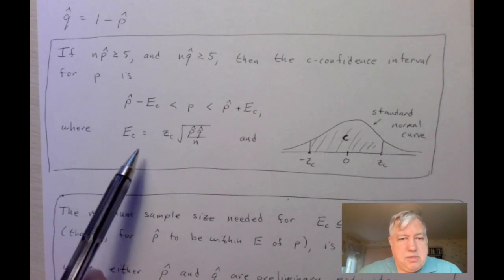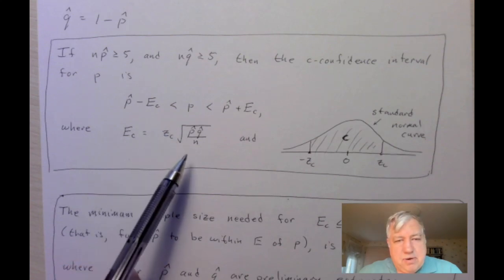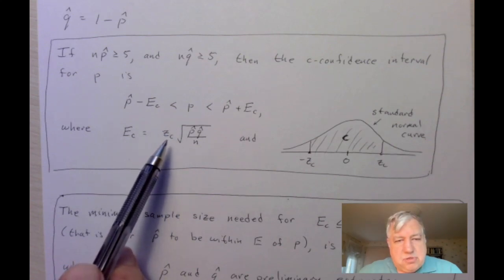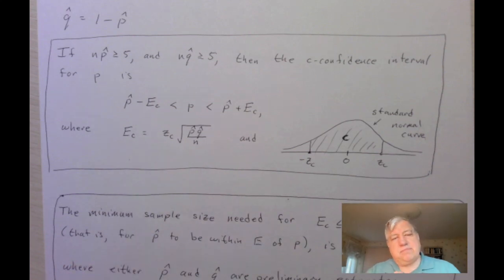E sub c is defined as z sub c times the square root of p hat times q hat divided by n, where z sub c is the same as it was in section 6.1.